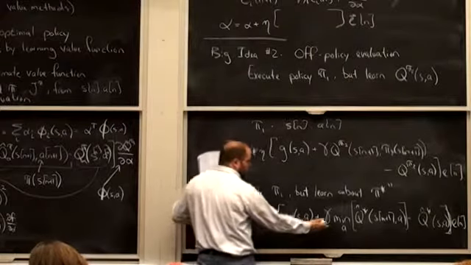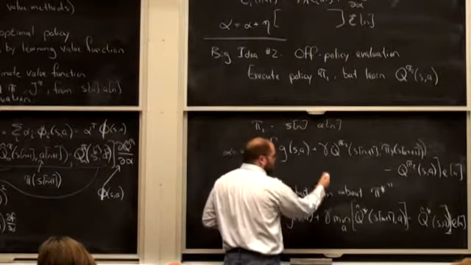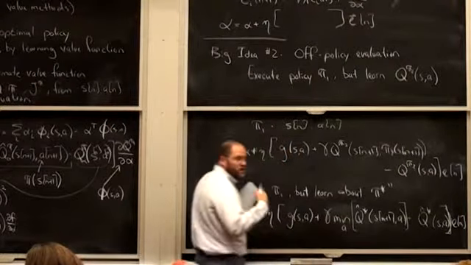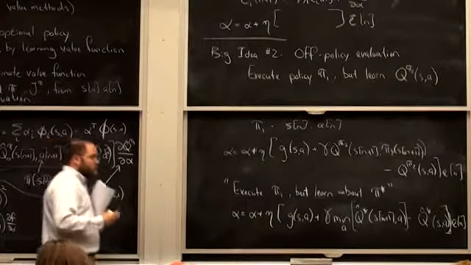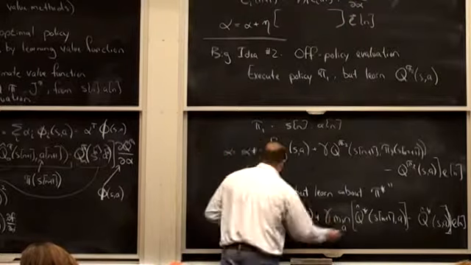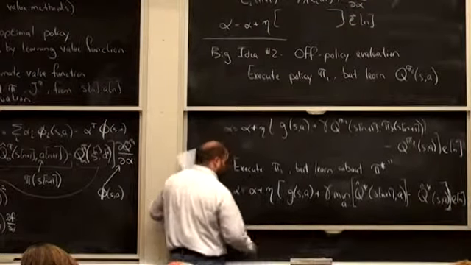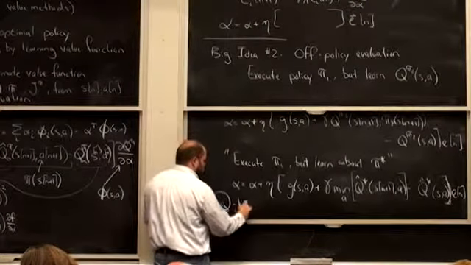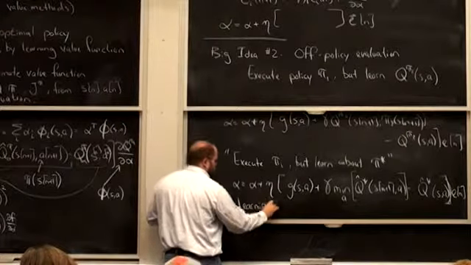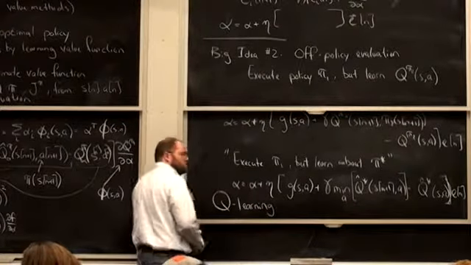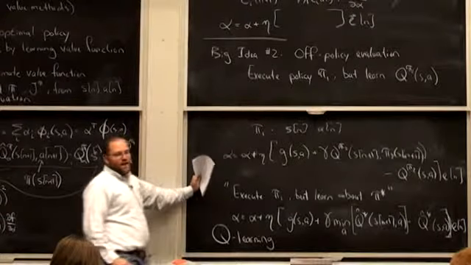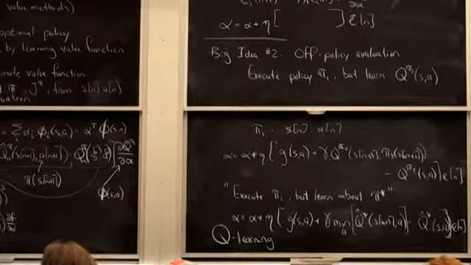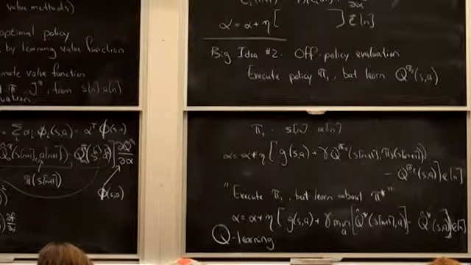That makes total sense. Might as well, as I'm learning, always try to learn about the policy which is optimal with respect to my current estimate, J hat. And this algorithm is called Q-learning. It's the crown jewel of the value-based methods.